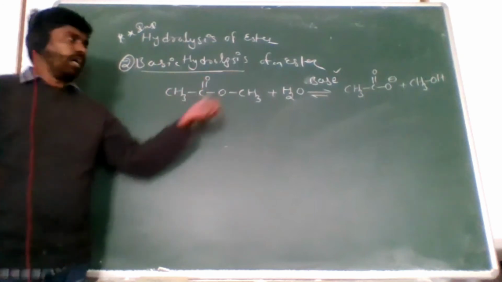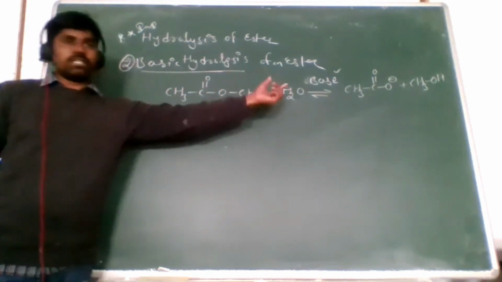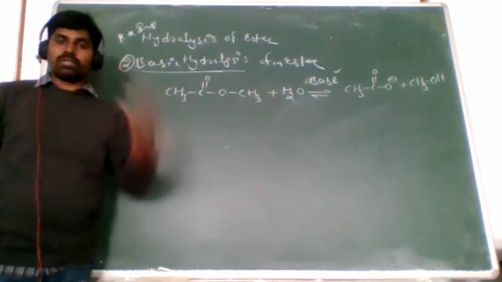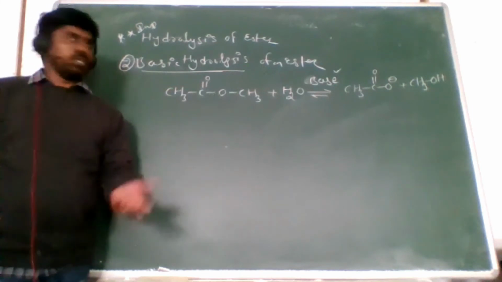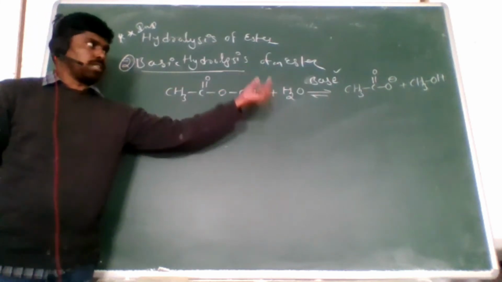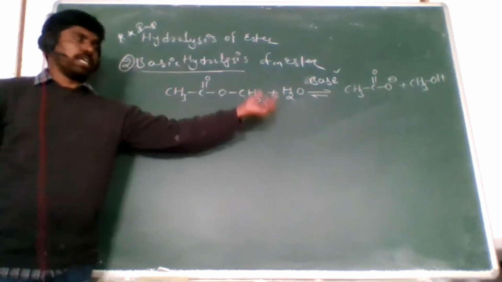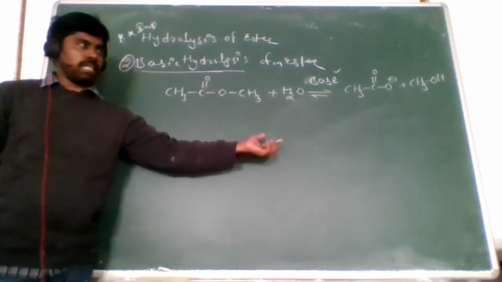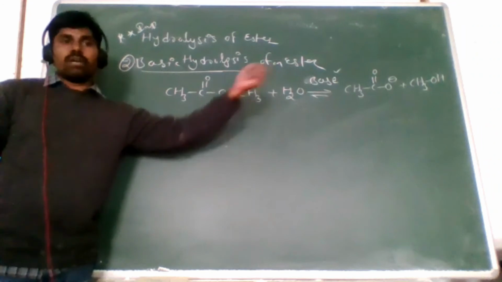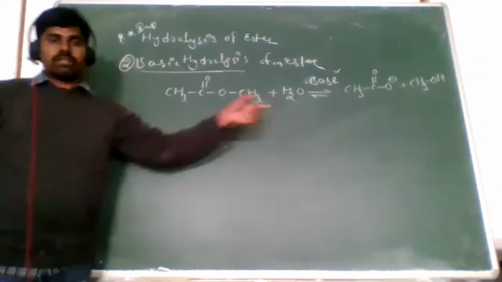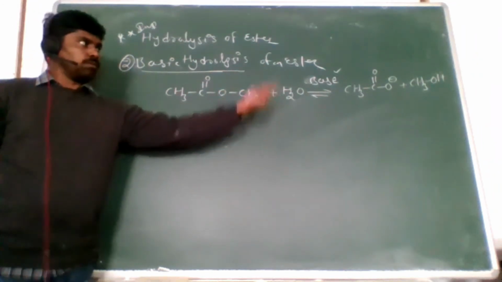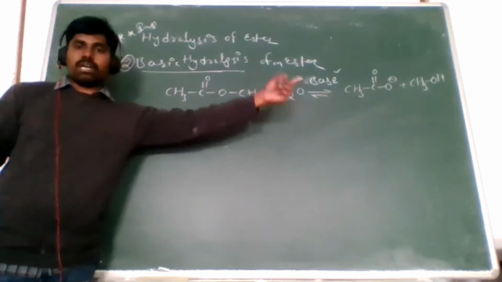But in basic conditions there is an excess of hydroxide ions, so the carboxylate ion does not form the carboxylic acid. We get two products: a carboxylate ion and an alcohol.